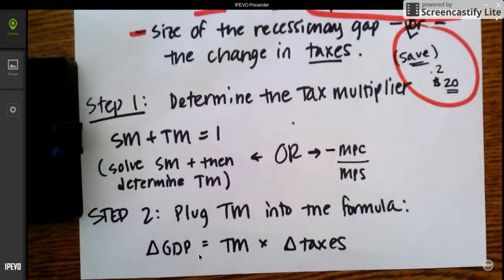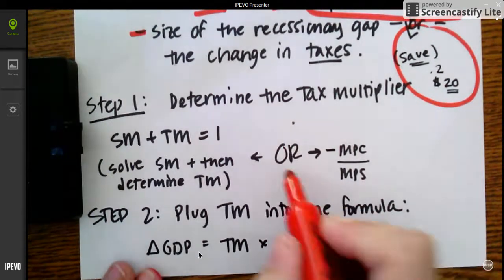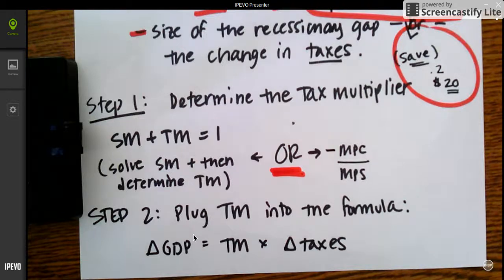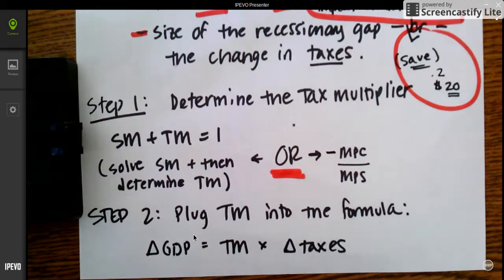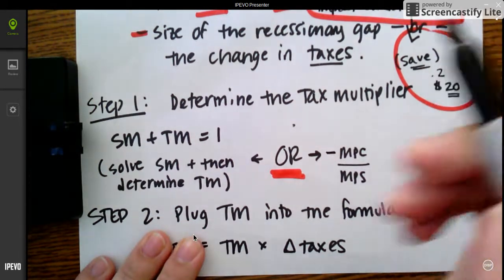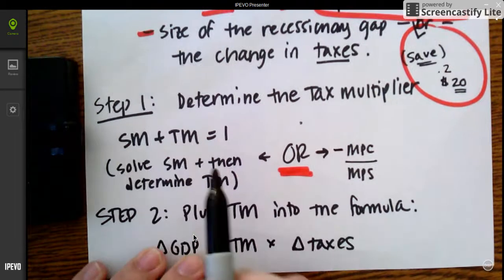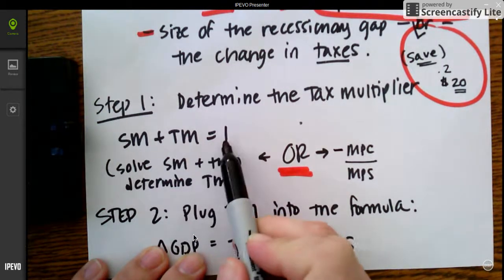So how do you determine the tax multiplier? Well, you have two options. The first option, I think, is the better option, which is to continue to practice your ability to calculate the spending multiplier. And then because people either spend or save all of their income, the spending multiplier and the tax multiplier add up to 1.